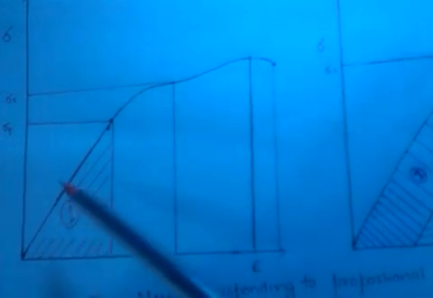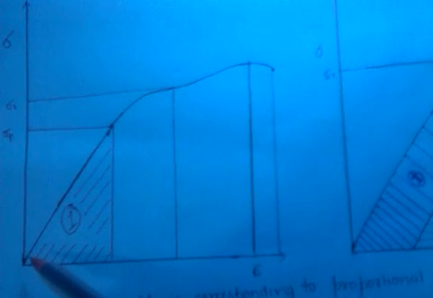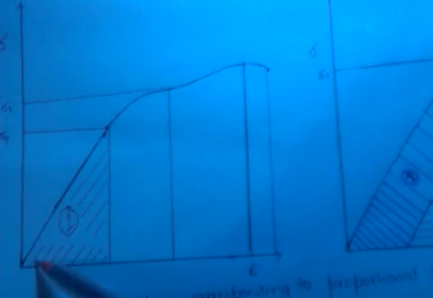This particular point corresponds to a stress which is known as the proportional limit. I'm not going to define what a proportional limit means. If I am applying a certain amount of deformable forces and the internal resistive forces, or the stress, is under the proportional limit, then this shaded area will give me the strain energy density.